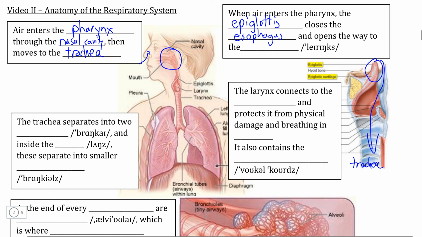Now, before it enters the trachea proper, it actually passes this structure here, which is a protective structure that we call your larynx. So you can actually feel your larynx if you take your fingers of your favorite hand and press them against the top of your throat whenever you talk.